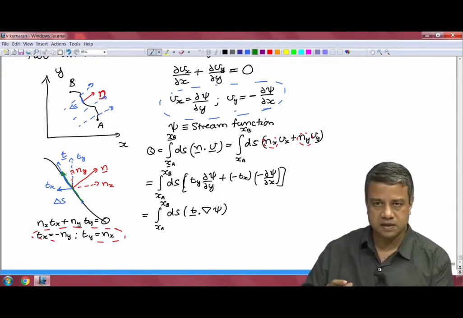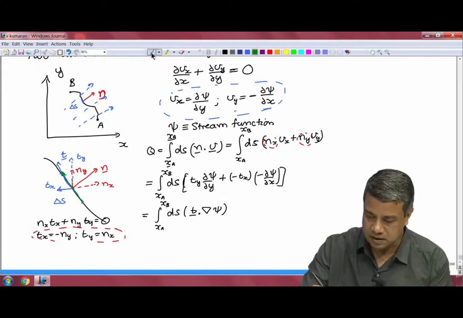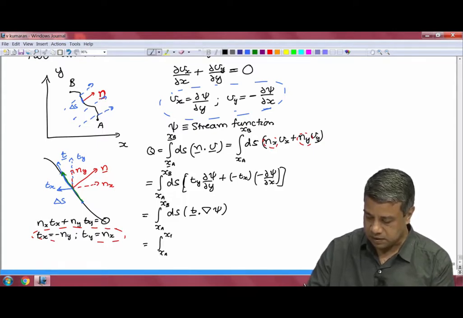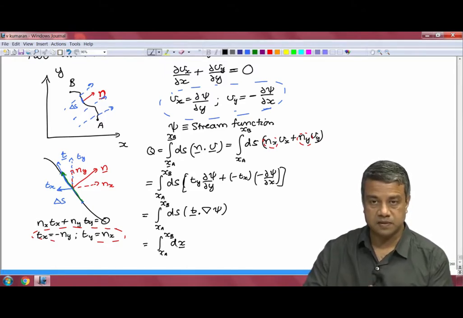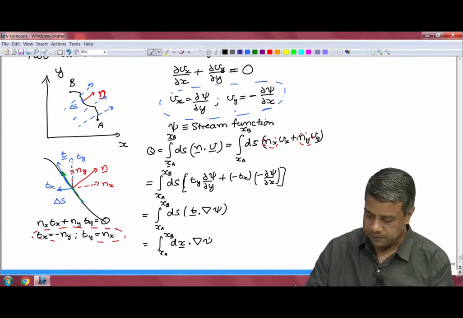Delta s is this distance travelled, t is the tangent, and therefore, t times delta s is the vector displacement. So, I can also write this as the integral x a to x b of dx along the path, the vector displacement along the path dotted with grad psi.